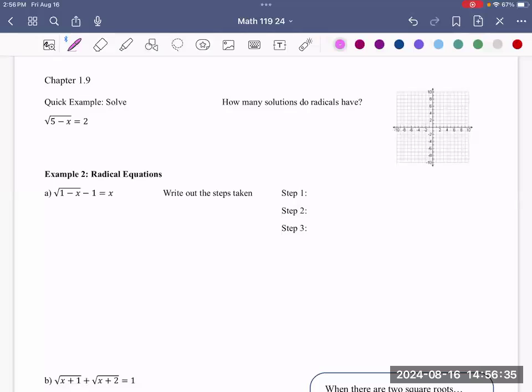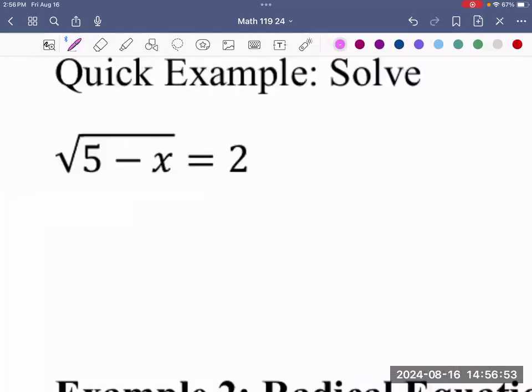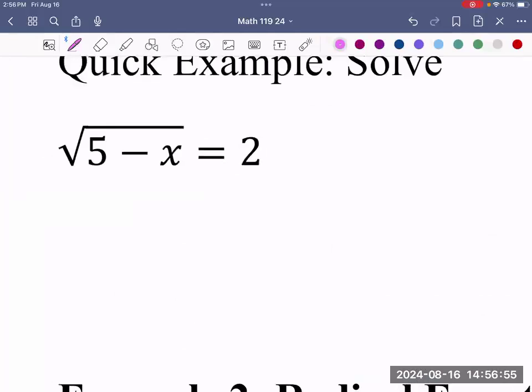Now let's take a look at what it looks like with your roots, with your radicals. Before you get started with anything complicated, can you try this quick example solving? You'll notice that you have the square root and then on the other side is just an actual number.